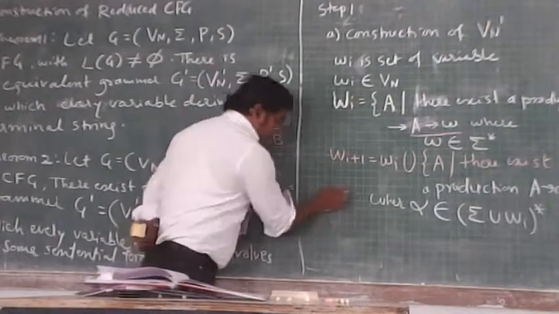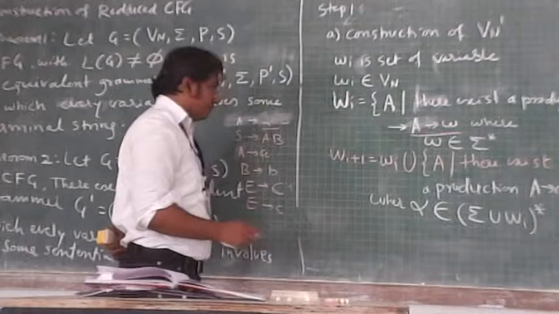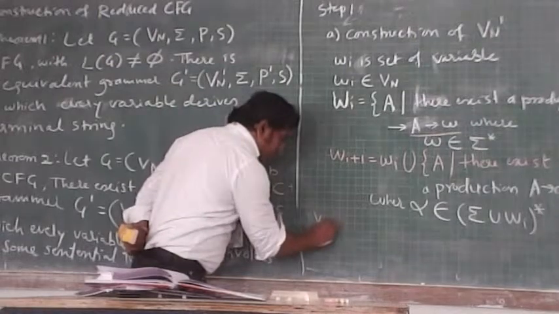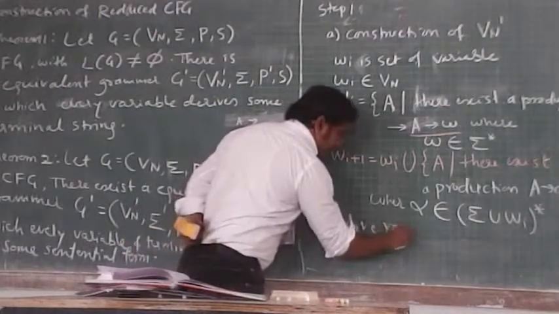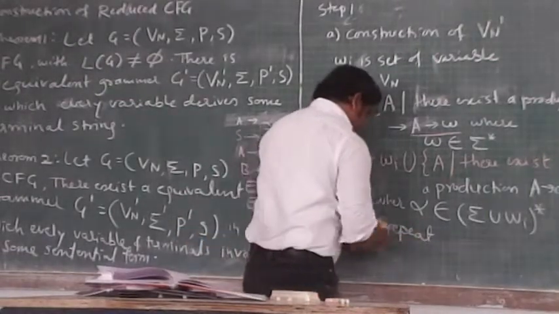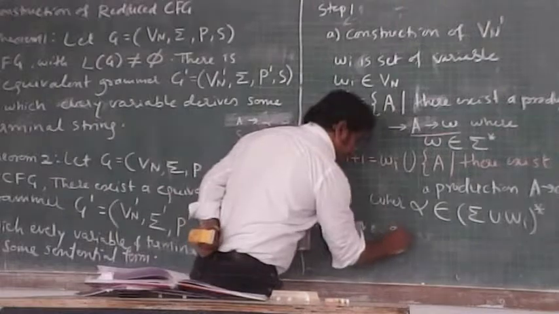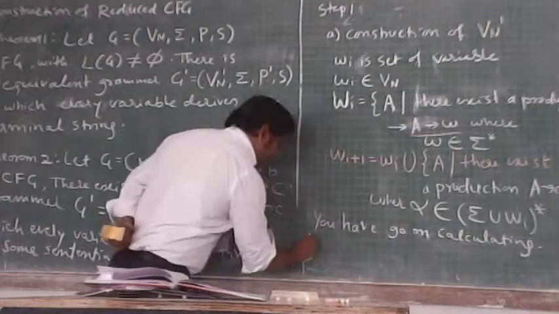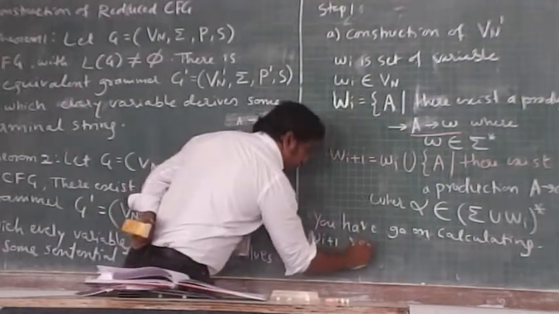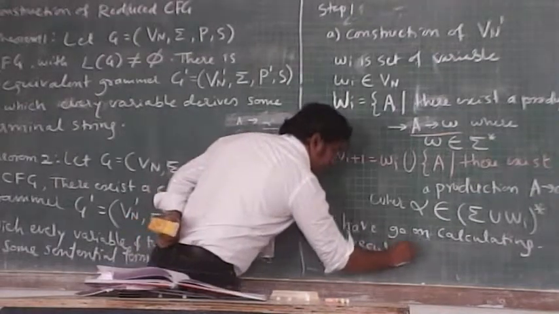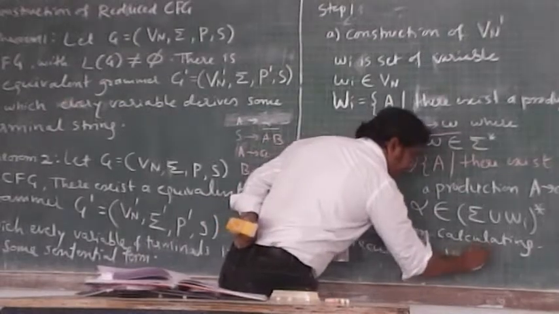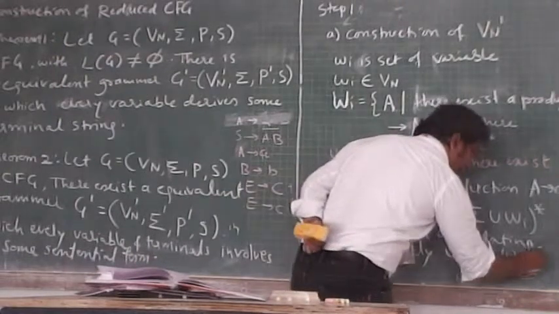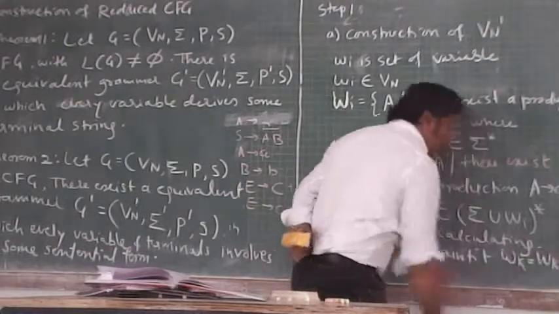So you have to go on calculating Wi plus 1 recursively until some Wk is equivalent to Wk plus j.